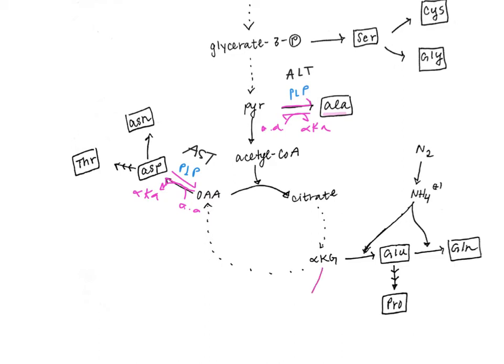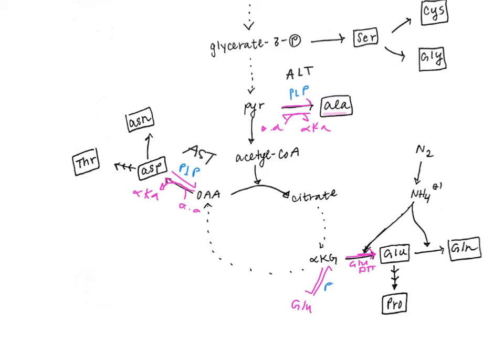I'm going to just add it in down here because there's a lot of different ways to make glutamic acid. Instead of using the glutamic acid dehydrogenase that catalyzes this reaction, the GLUDH, there is a transaminase that will take alpha ketoglutarate into glutamic acid.